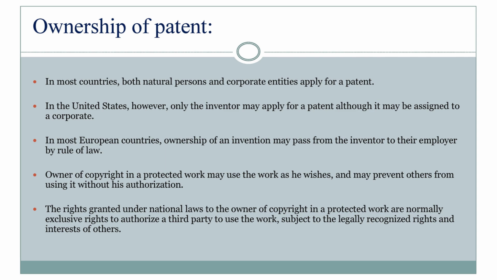Owner of copyright in a protected work may use the work as he wishes and may prevent others from using it without his authorization. The rights granted under national laws to the owner of copyright in a protected work are normally exclusive rights to authorize a third party to use the work, subject to the legally recognized rights and interests of others.